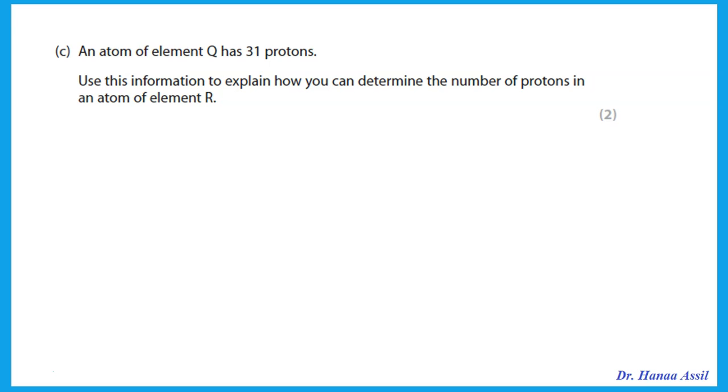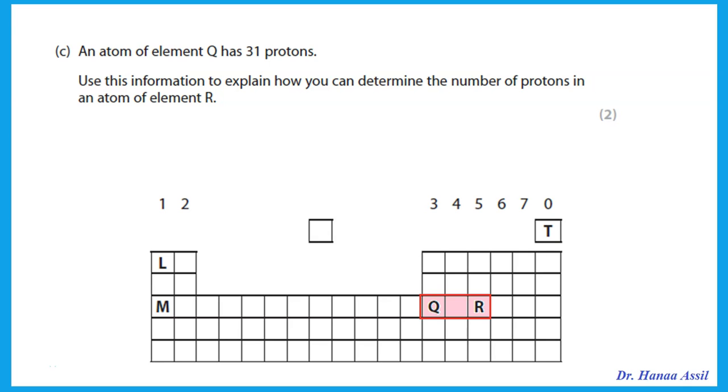An atom of element Q has 31 protons. So where is Q? That's Q, and we're told that it has 31 protons. Use this information to explain how you can determine the number of protons in an atom of R. You should realize that as we go from left to right, the elements are arranged according to atomic number.